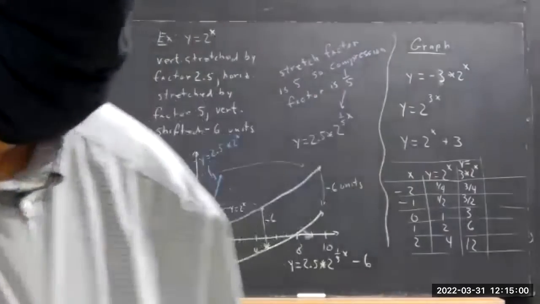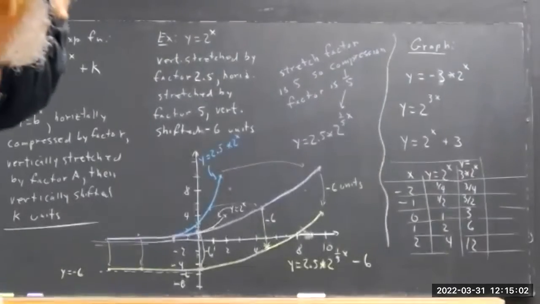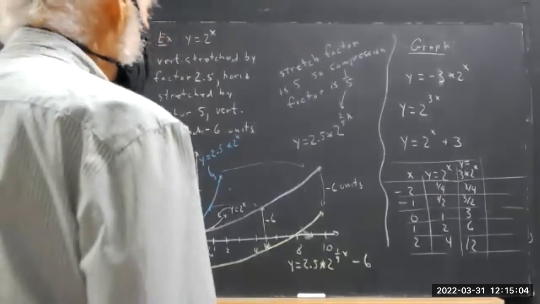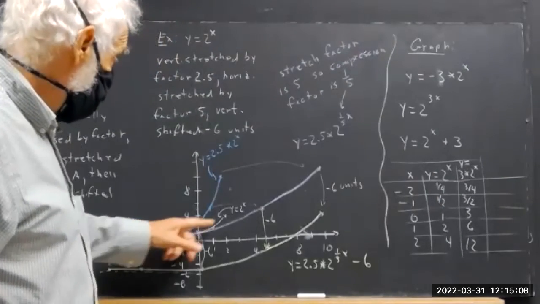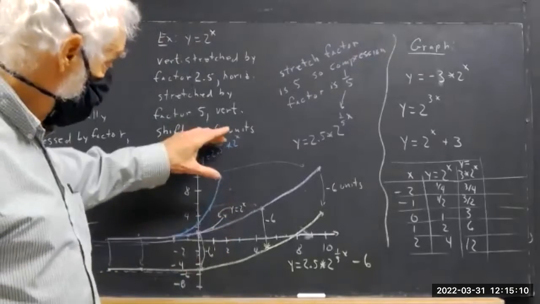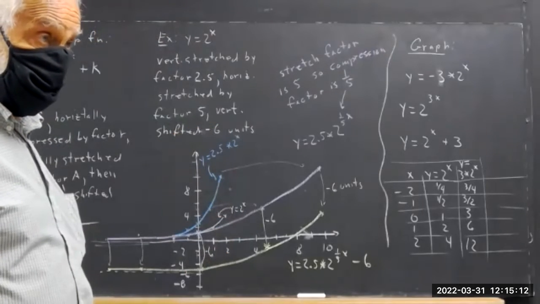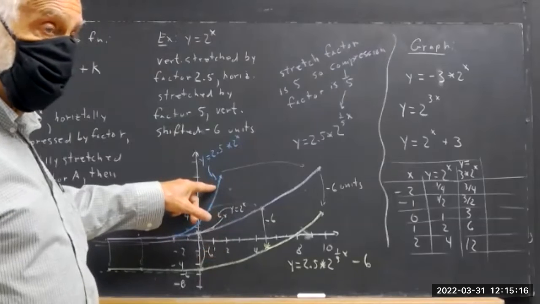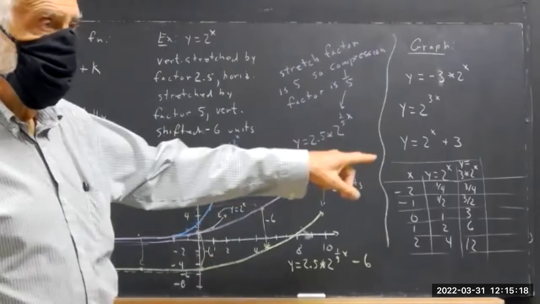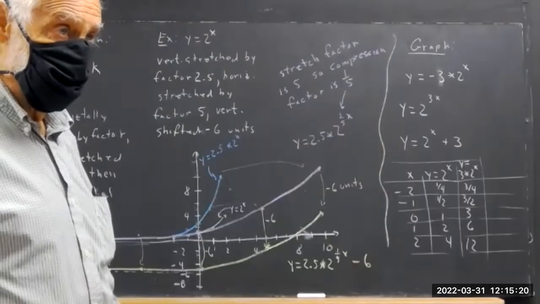Now, when you graph this function, you want to first, just like I did, have the graph of 2 to the x here so you can see how they compare. This graph was 2.5 times 2 to the x. What do you think 3 times 2 to the x is going to look like?